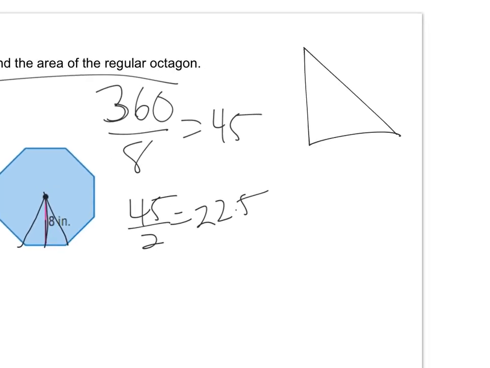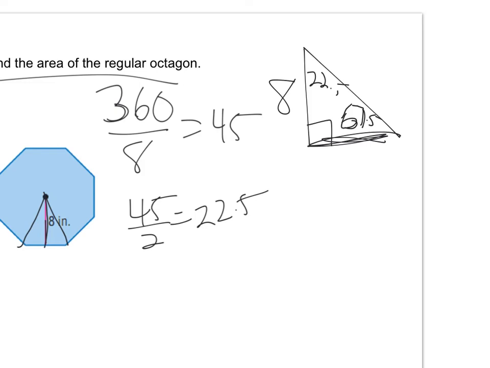So now here's kind of what I'm looking at. I'm looking at this triangle. This angle is 22.5. This side is 8. That's 90. So 90 minus 22.5, that makes this 67.5. Okay, so now using trig again, I want to figure out what this side is.